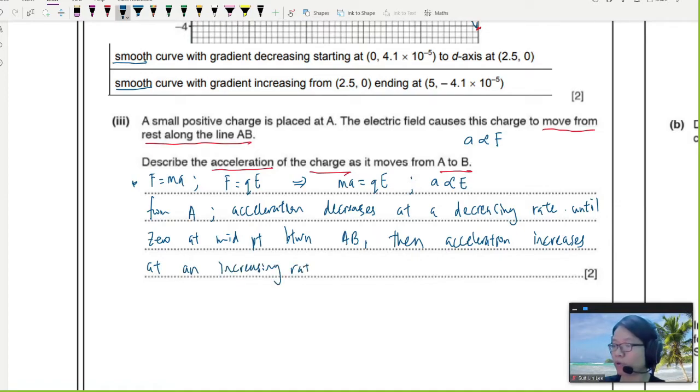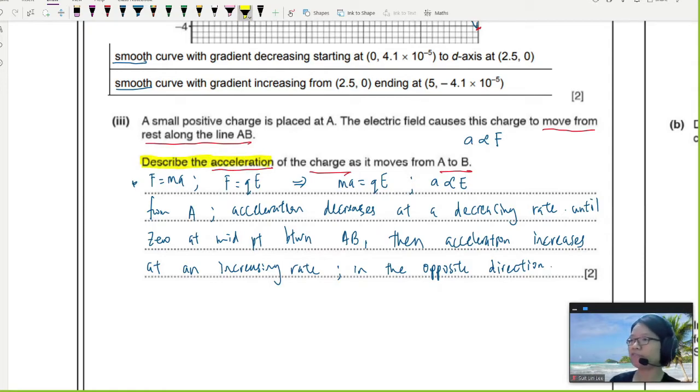But even more importantly, you should say in the opposite direction. Because unlike some past year questions where they ask you to describe the magnitude, this one talks about acceleration. So when we describe a vector, think about all you have learned in kinematics, chapter 3 of AS.